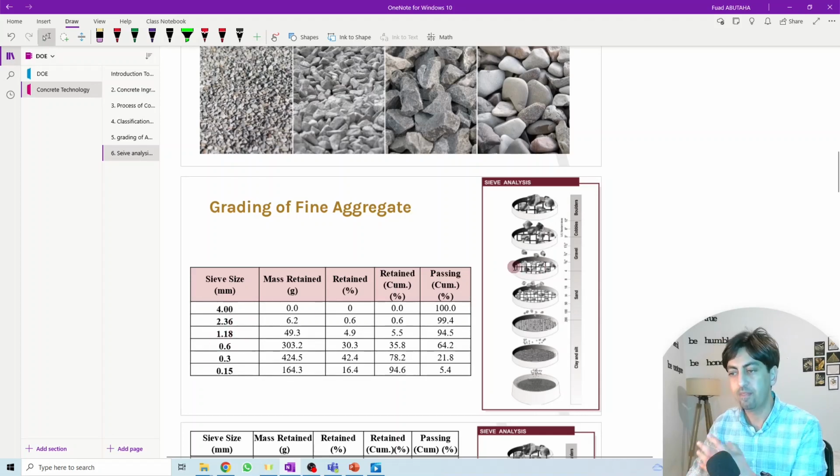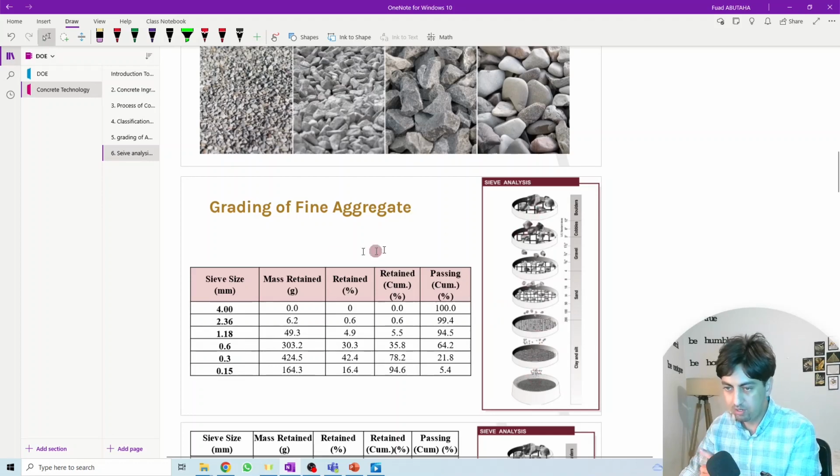Here also, the sand with a particle size higher than 1.18 millimeter will be retained at the top, and the sand with a lower particle size will pass the sieve. We go to the following one, and the same goes for the rest.